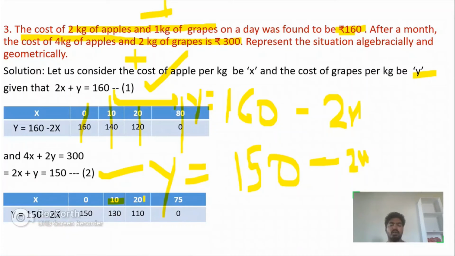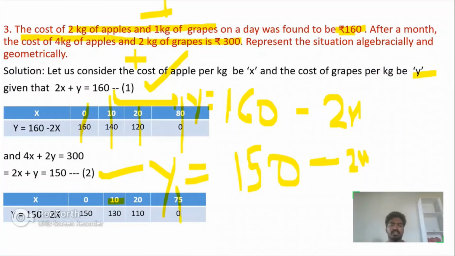If I take x as 20, then y equals 150 minus 40, which is equal to 110. If I take x equal to 75 and substitute in the equation y equals 150 minus 2x, then I get y value as 0.